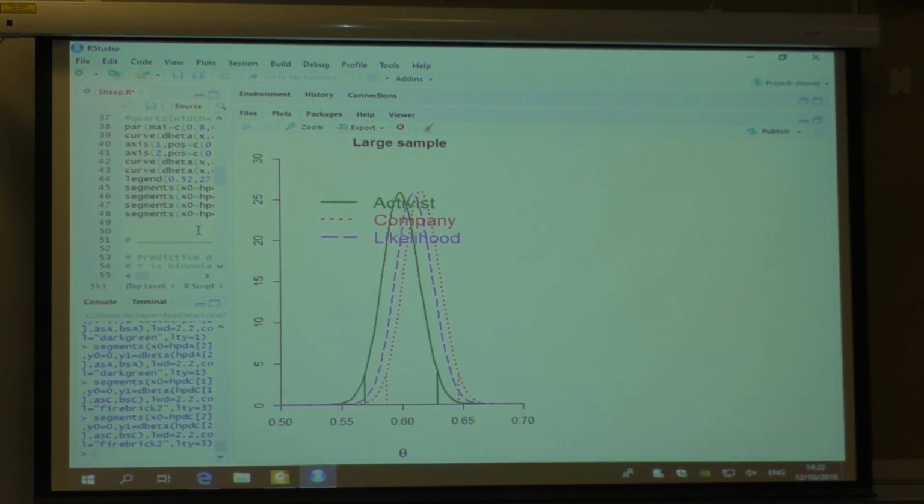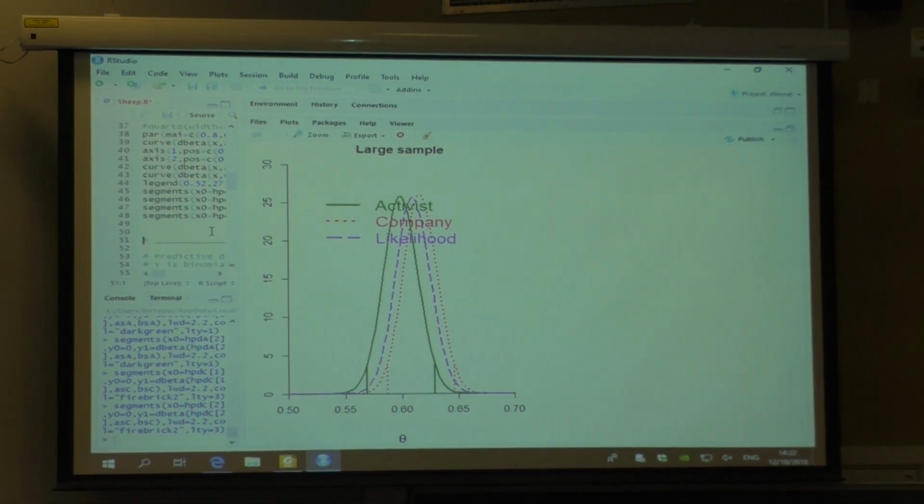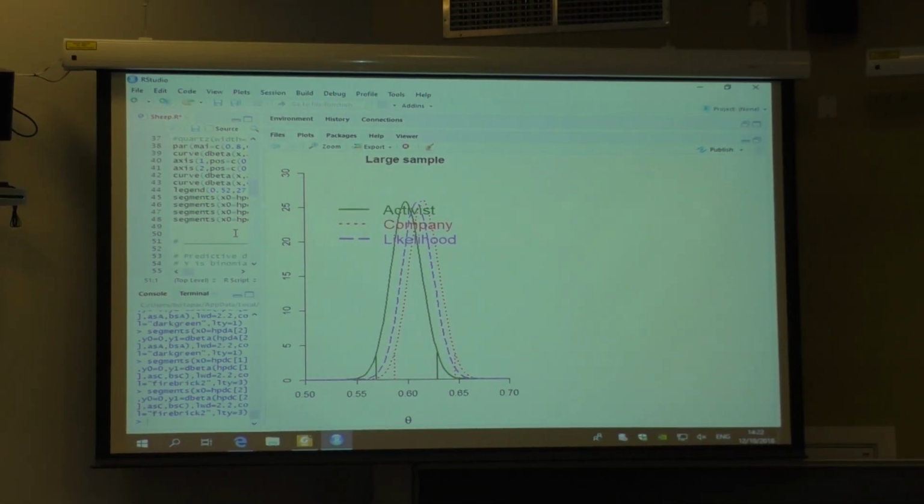So these plots, the vertical lines that are on them, show 90% credible intervals. So in frequentist statistics, you might be quite used to having confidence intervals.